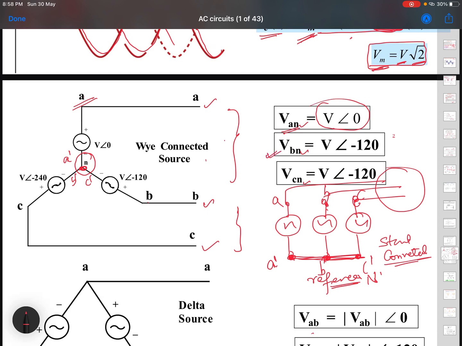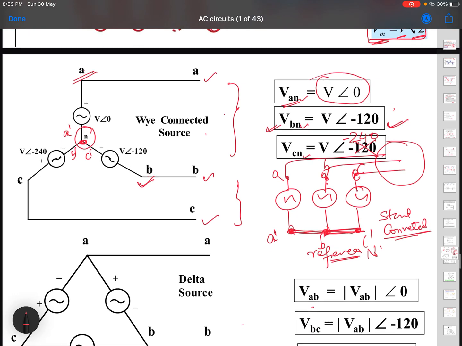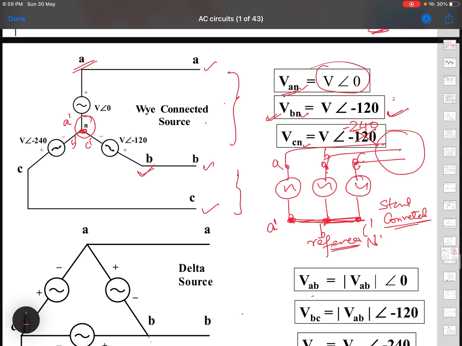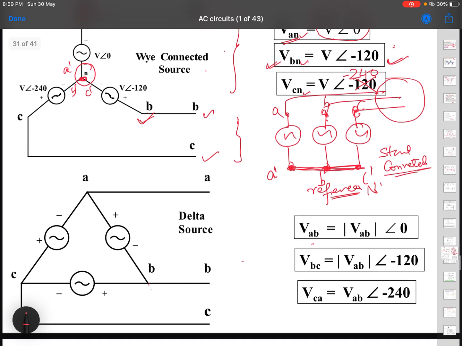Then B is 120 degrees away from it, so minus 120 degrees. And then C should be minus 240, which is wrongly written here, so you can correct it. It should be minus 240 degrees. This is the same thing represented in phasor form, and the sources are connected in Y form. This is one way of connecting the sources, which is called Y connected source.